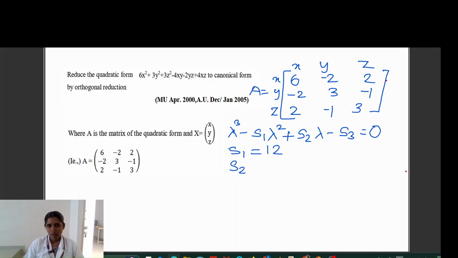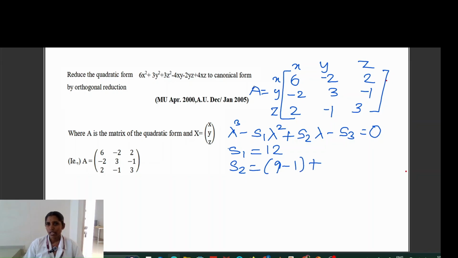S2 is the sum of the minors of the main diagonal elements. That is, omitting the diagonal element, we find the determinant. First one, 6. By omitting row and column of this 6, we have [3, −1; −1, 3]. By the determinant method, 3 threes are 9, minus 1 into minus 1 is plus 1, so 9 minus 1.